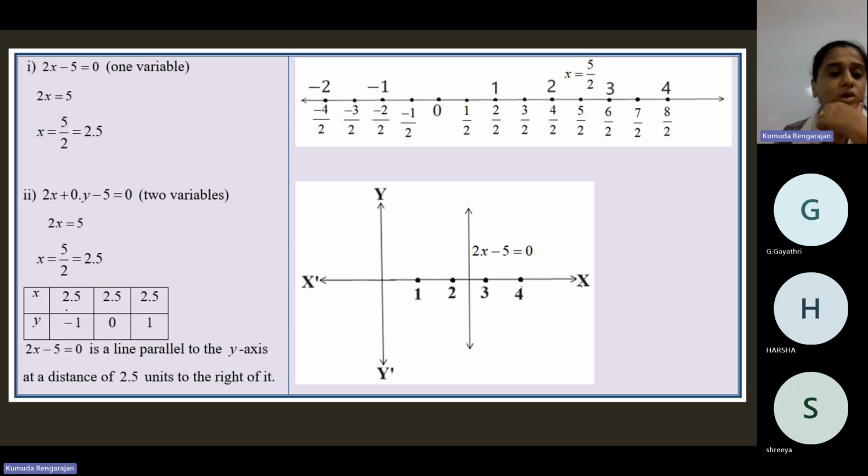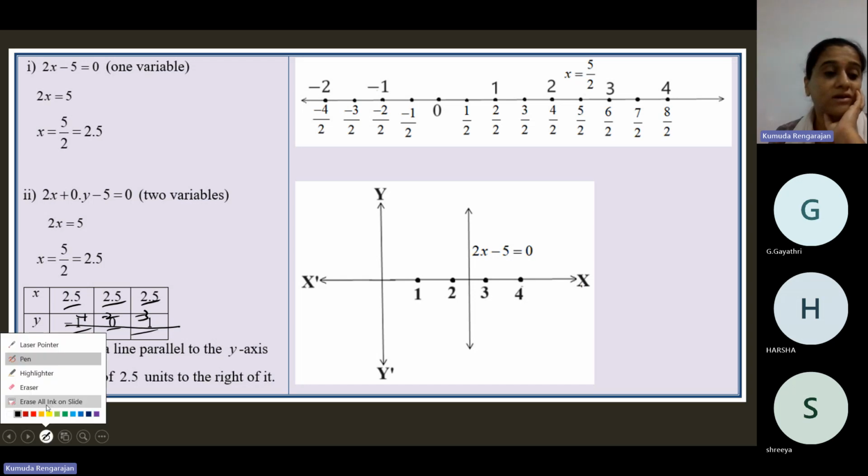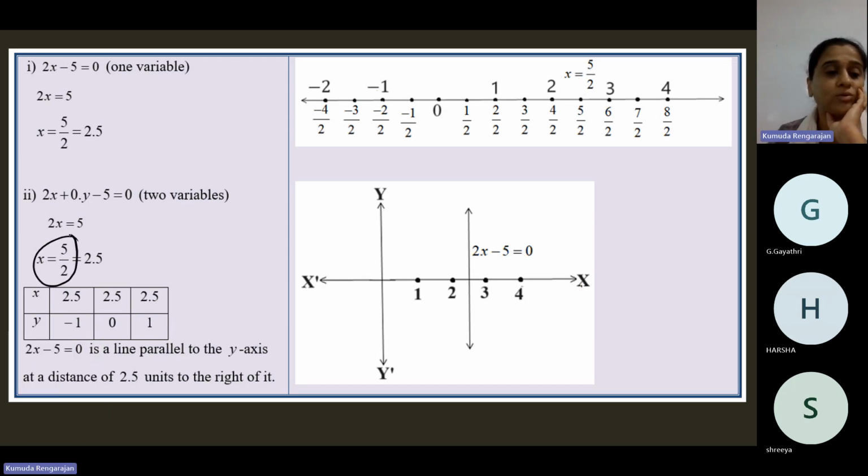So x is always 5 by 2 for any value of y. See, for y now you can give any value, 1, 2, 3, minus 1, minus 2, minus 3, any value for y. That's how you interpret this. X is equal to 5 by 2, irrespective of the value of y. So you should write x 5 by 2 everywhere for any value of y.